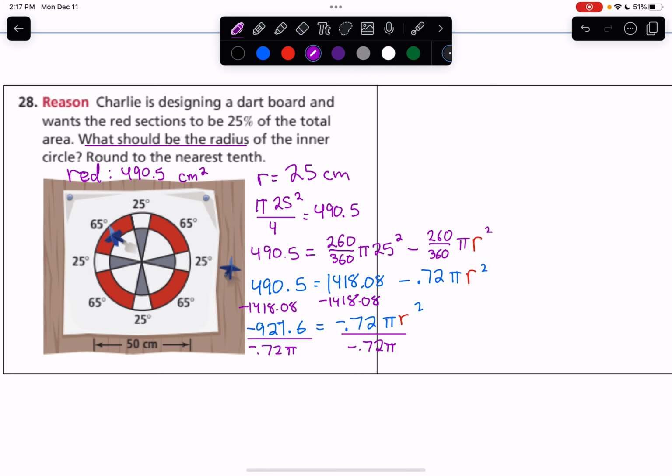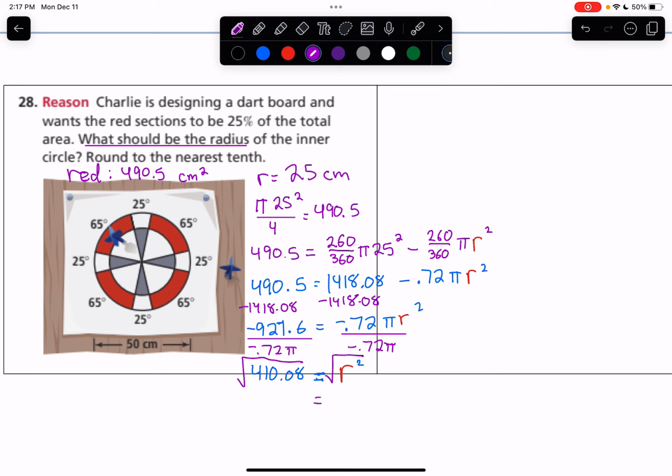And when I divide both sides by negative 0.72 pi, I find out that r squared, which is all I have left on the left-hand side, is equal to 410.08. And then, of course, all I need to do after that is take the square root of both sides to find the radius.